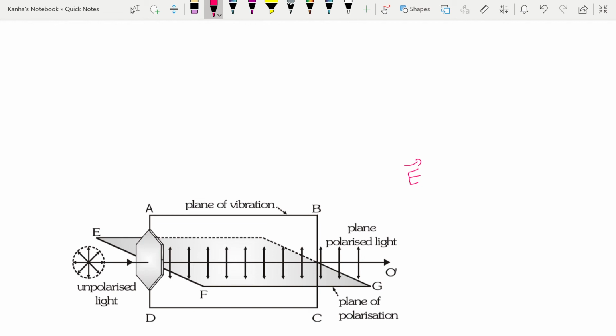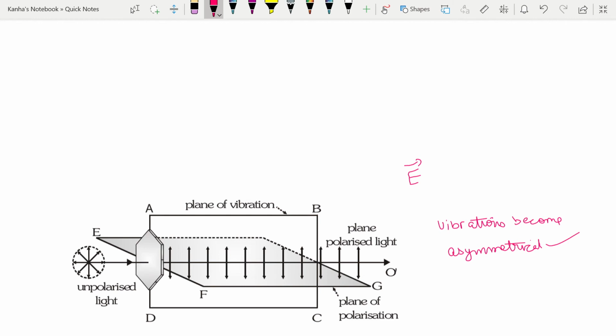It is not symmetrical. So after polarization, vibrations become asymmetrical.